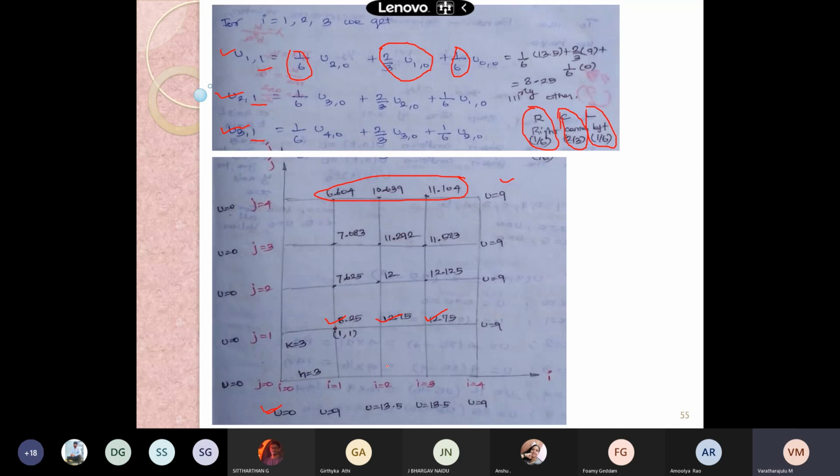I'm rechecking it, sir. Yes, sir, it is 7.08. Yes, for j is equal to 4. Already the answers are detailed. Still, you cross check and let me know if the results are concurrent for you.